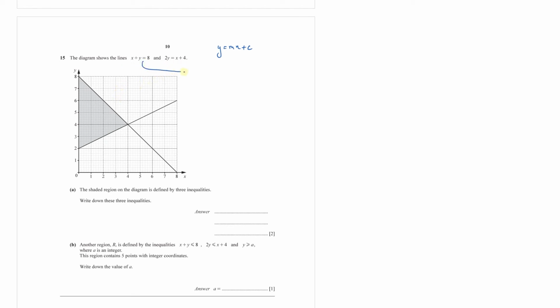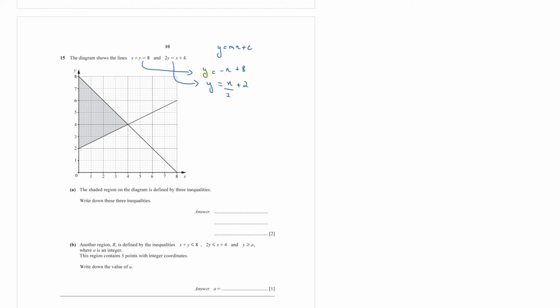So let's do the first one here. It's x plus y equals 8. If I take x to the other side of the equation, I get y equals minus x plus 8. And then if I take this equation here, I get y equals x by 2, I divide by 2 on both sides, and I also get plus 2 here.